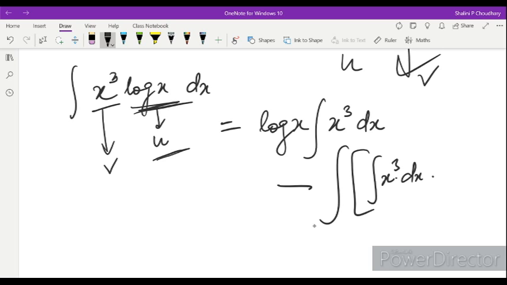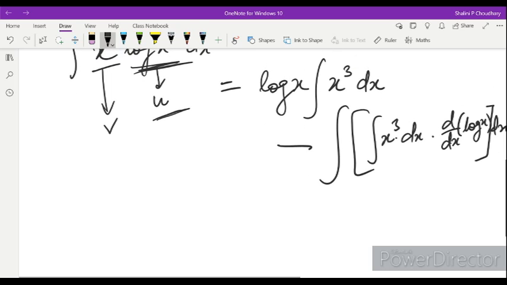Log of x is u, so d by dx of log of x, and dx. So what value will we get? Log of x as it is we will write, and x to the power 3.